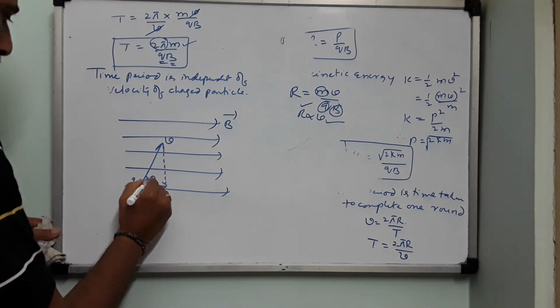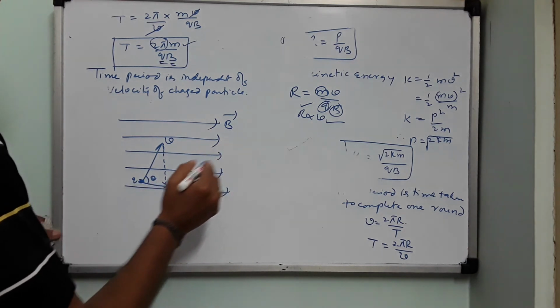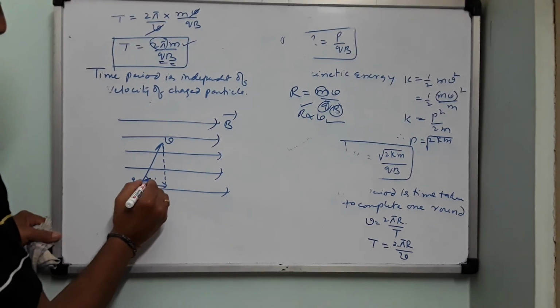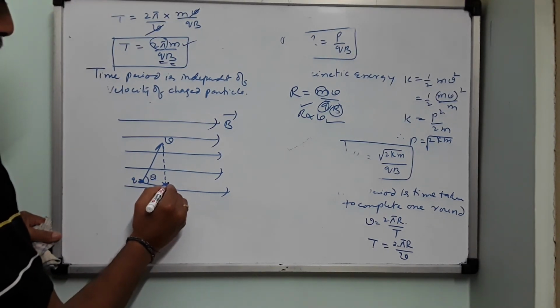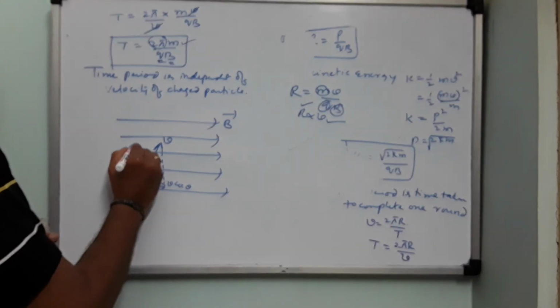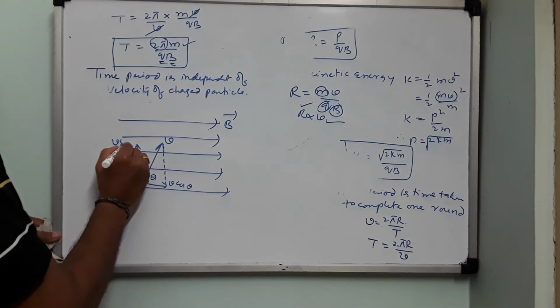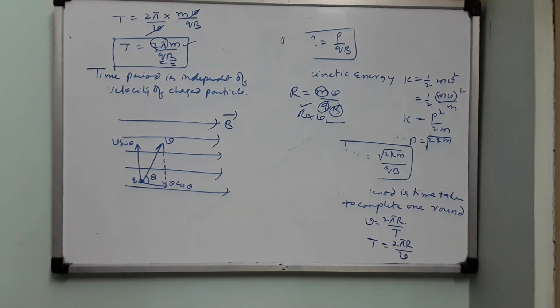This angle, theta only, because we are using theta in the Lorentz force. So this is theta, and this will become V cos theta, the parallel component, and this will become V sin theta, the perpendicular component.